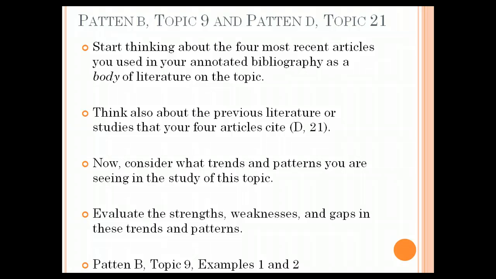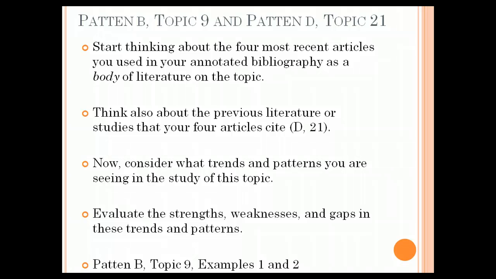And now what you're going to do in the literature review is evaluate the strengths, weaknesses, and gaps in these overall trends and patterns from the body of scholarship on your research topic. So you're taking the large view, the overview, in your literature review and evaluating it.